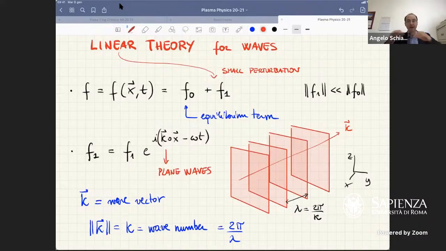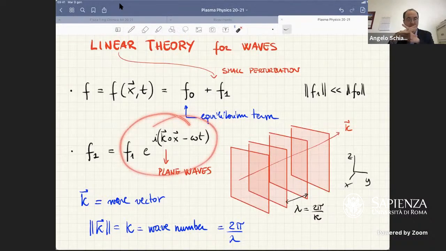In order to reconstruct the general wave in 3D space, we are going to sum up whatever plane waves, for any given amplitude, any given k and omega pair satisfying the dispersion relation, and for any direction in 3D space.